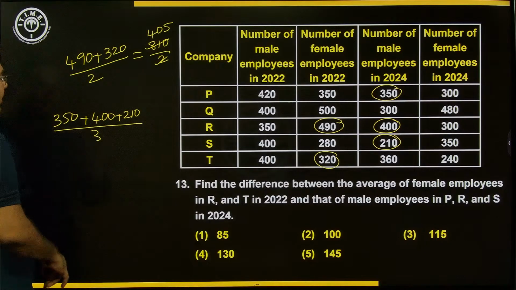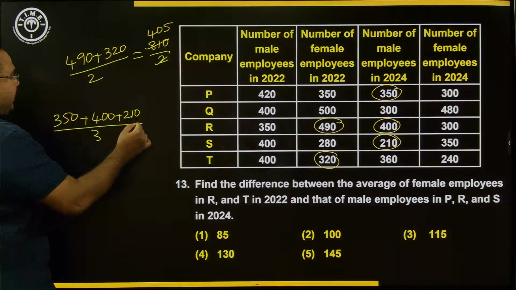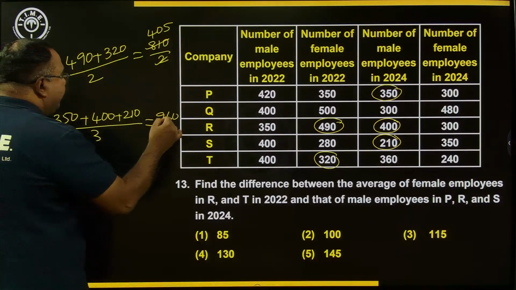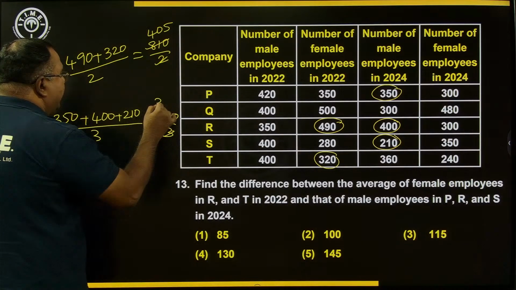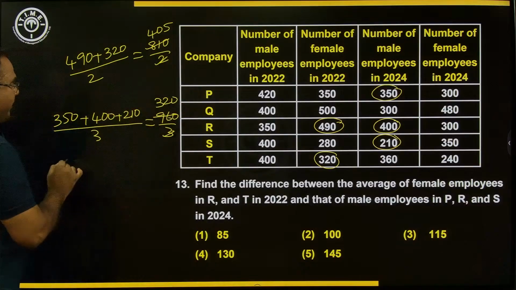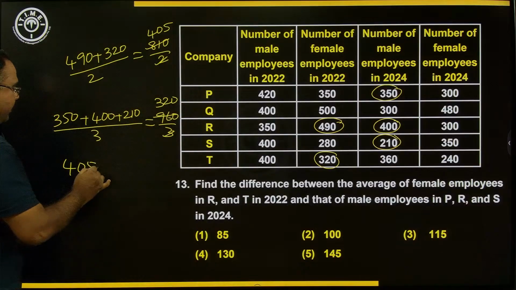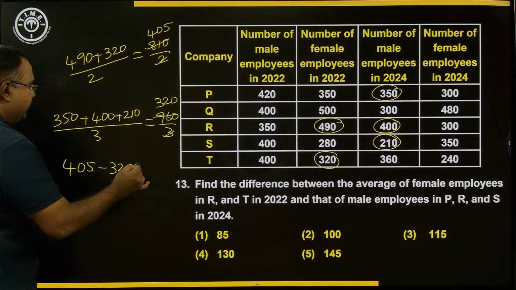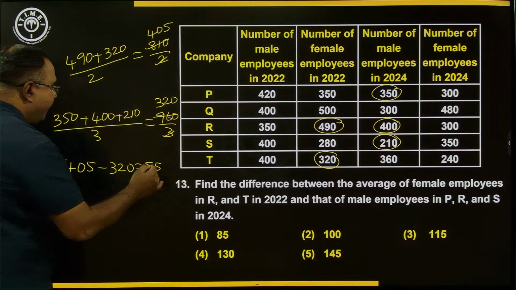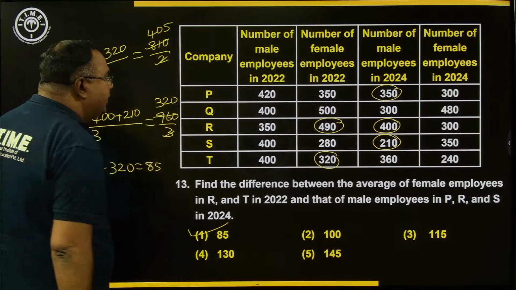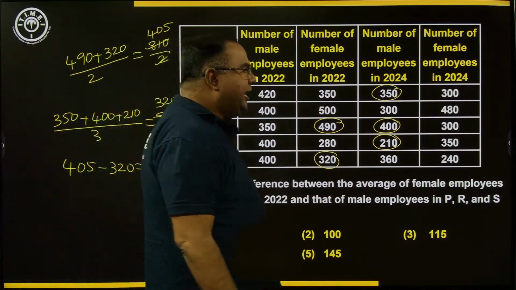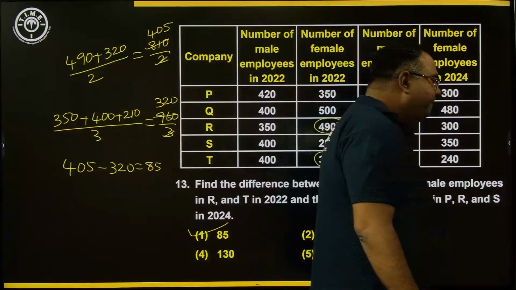Average means number of quantities. 610, 660, 960 by 3. So 320. So difference between these two, 405 minus 320, the difference has to be 85. 85 is present in choice 1.